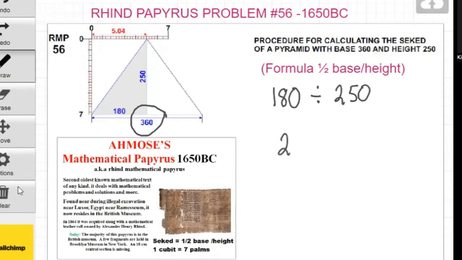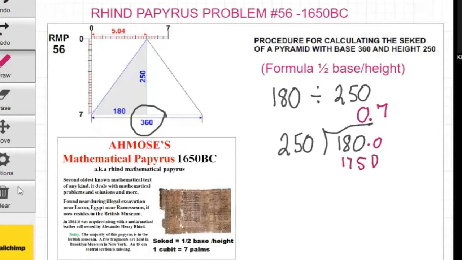So 250 goes into 180 zero times. We must put a decimal here and a decimal there, and add a 0. 250 goes into 1800 seven times, and that's 1750. That leaves 50 left over. We add a decimal and a 0 there. 250 goes into 500 two times. And so there goes our answer, 0.72.